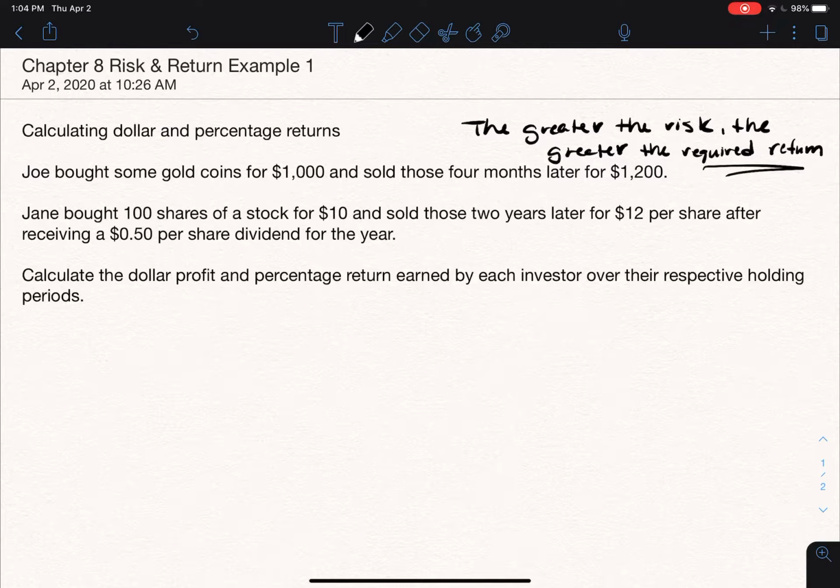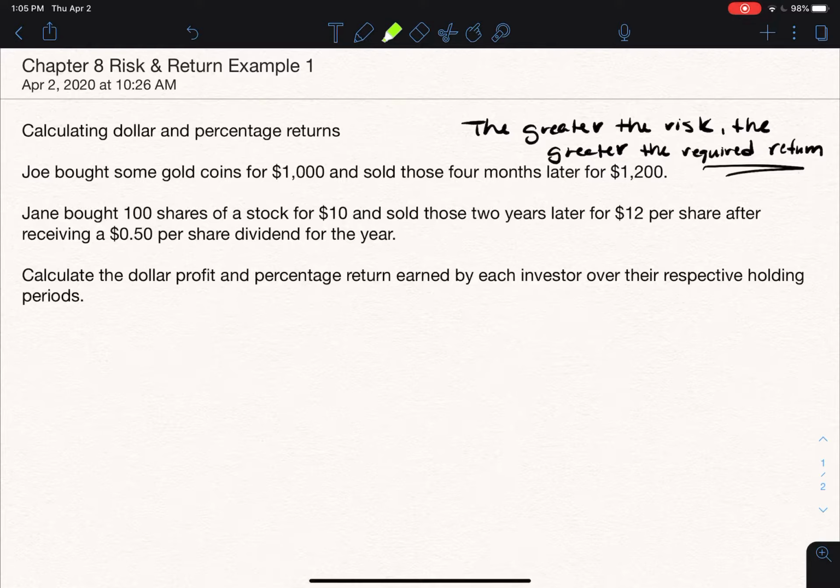And so it's very difficult to know who really got the best return. So we're going to do a two-step problem here, examples 1 and 2, to demonstrate, 1, how to calculate a return on investment, and then 2, how can I compare two different rates of return or return on investment. Okay, so first let's just read the problem, and then let's start working through this first step.